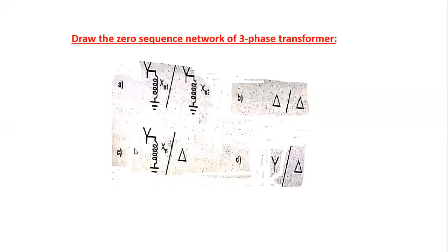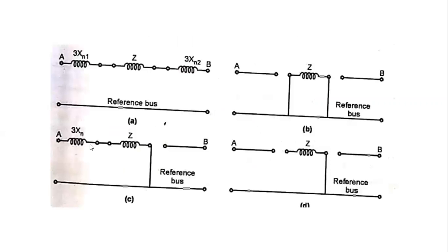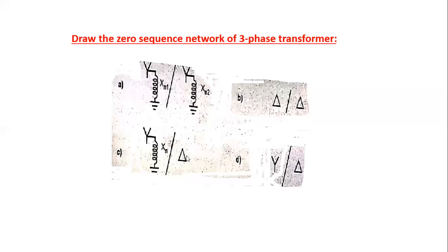Next, coming to the third case, that is the star with neutral grounding and delta. Star with neutral grounding reactance means we consider it as 3Xn. Therefore this is the reactance Z. And in the secondary side we connect the delta connection.